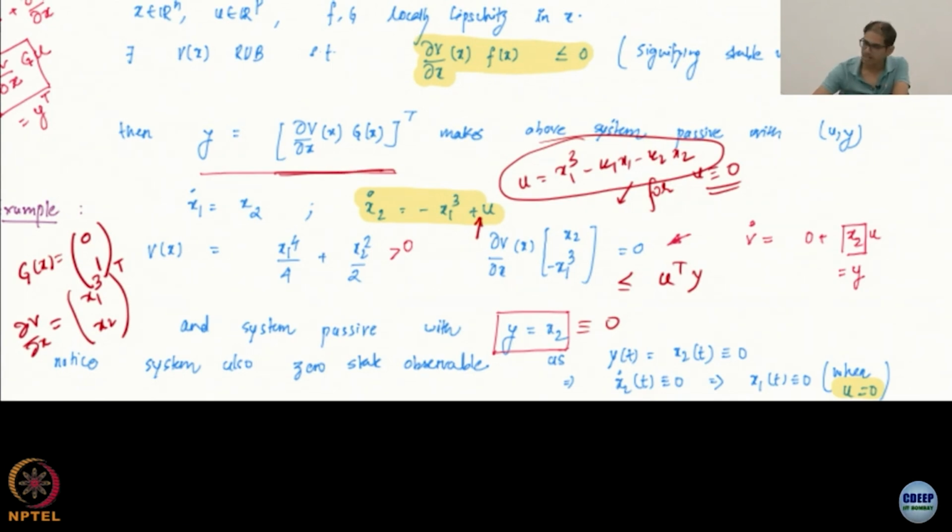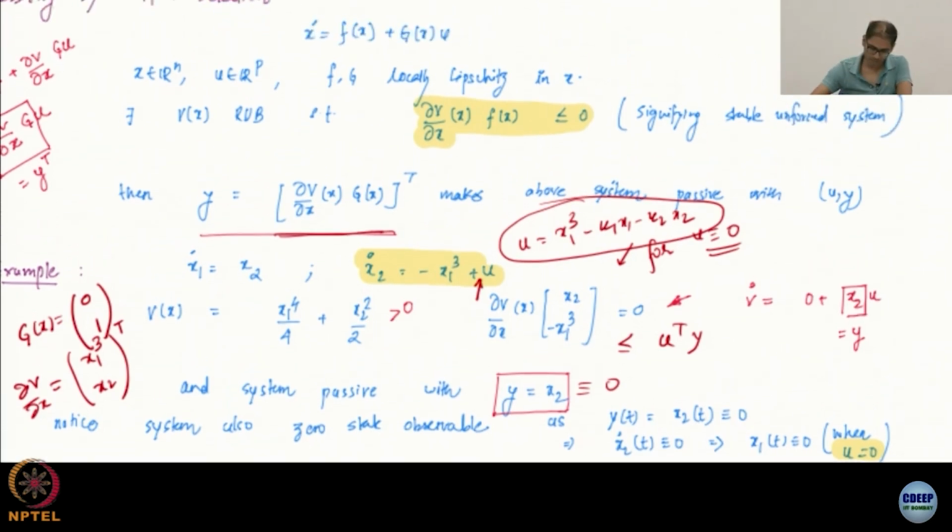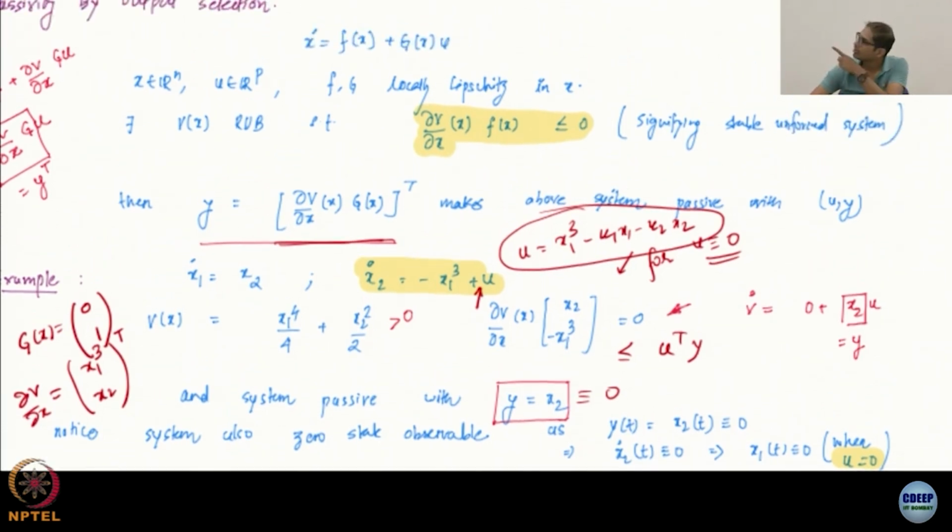Then I am invoking LaSalle invariance type ideas. If x2 has to be 0, what is the largest invariant set inside the x2 equal to 0 set? x2 dot also has to be 0. That is how we do it. And if x2 dot has to be 0, what is my dynamics?